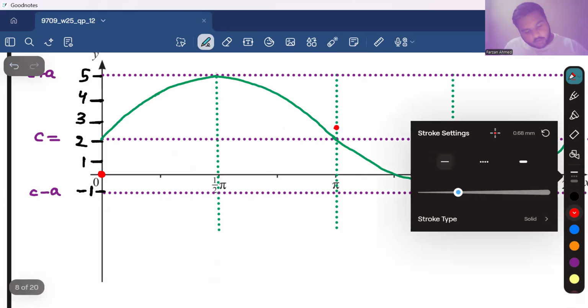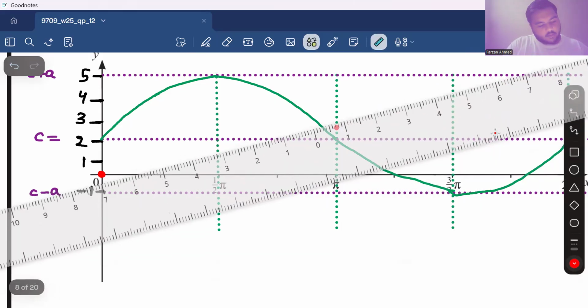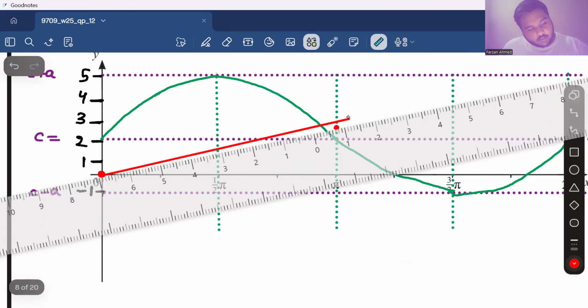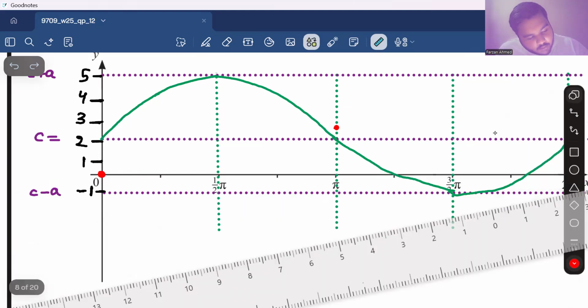When we join this, this is the scale. Yes, we are joining the points.